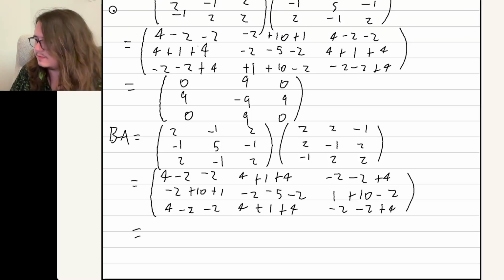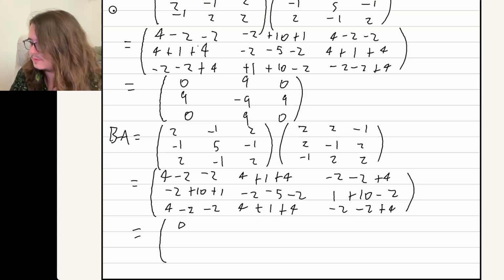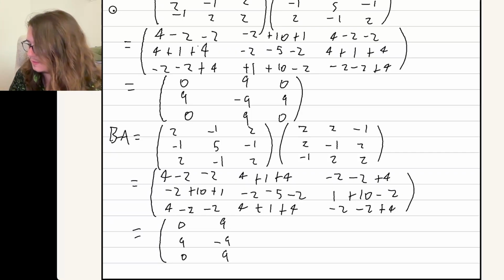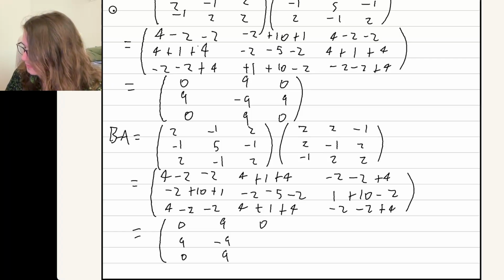Alright, so this is the same. It's 0, 9, 0, 9, minus 9, 9, 0, 9, 0, for sure.